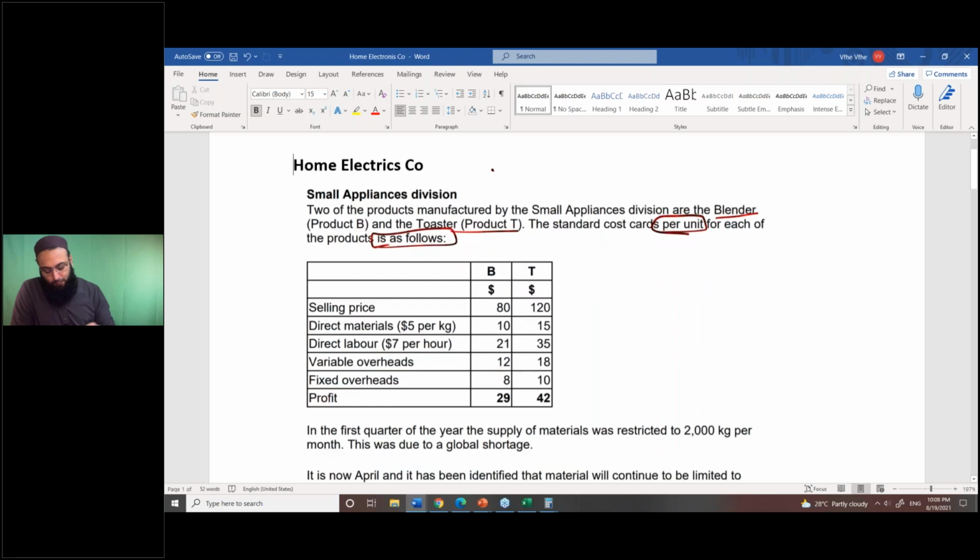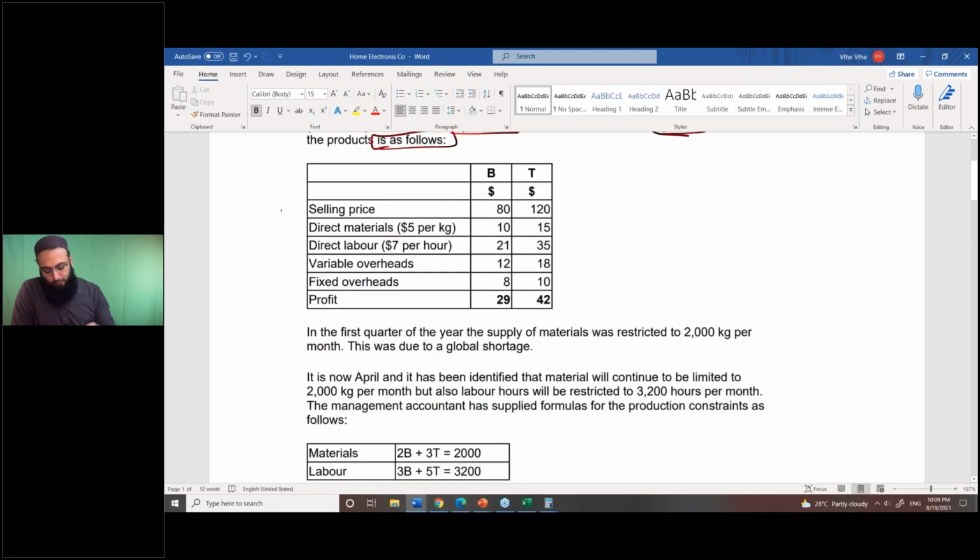So we have the selling price, we have direct material, $5 is the rate per kg. Direct labor, $7 is the rate per hour. Variable overheads, fixed overheads, and the profit.